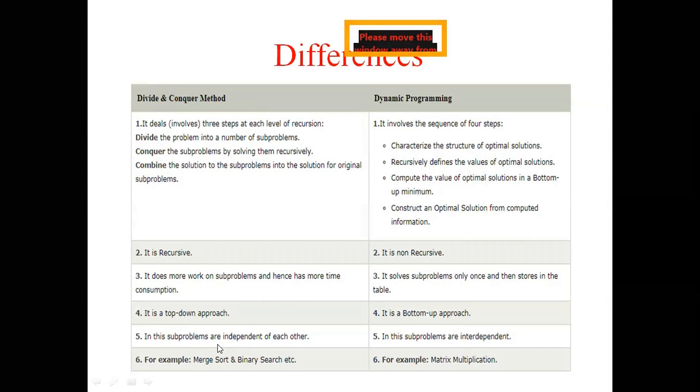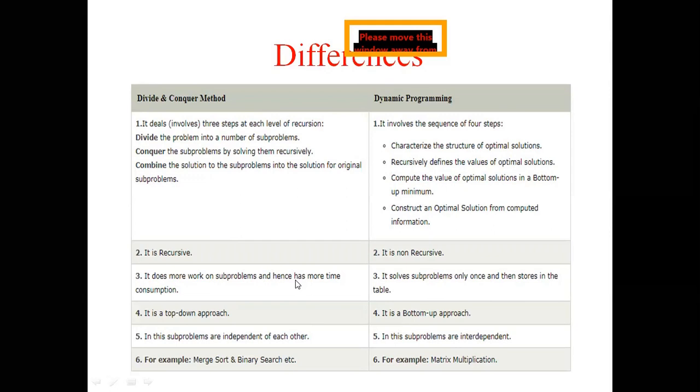But in dynamic programming, subproblems are interdependent, dependent on one another.